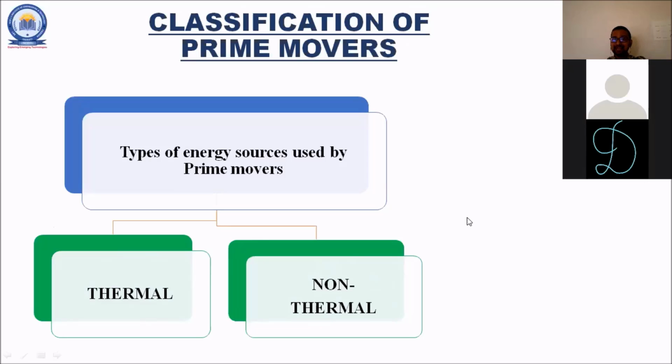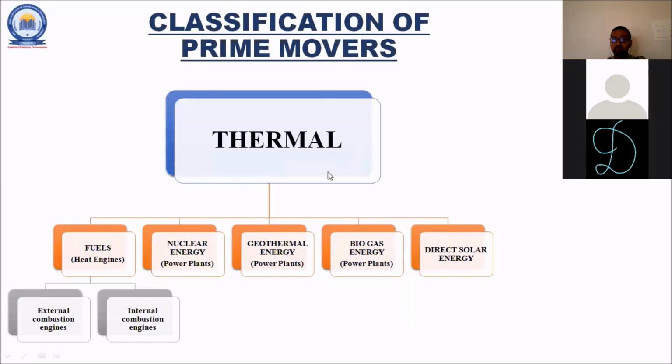Proceeding further with the classification, the thermal prime movers are further classified into 5 different points. The first classification is the fuels. And in the fuels, the examples of the prime movers are the heat engines.